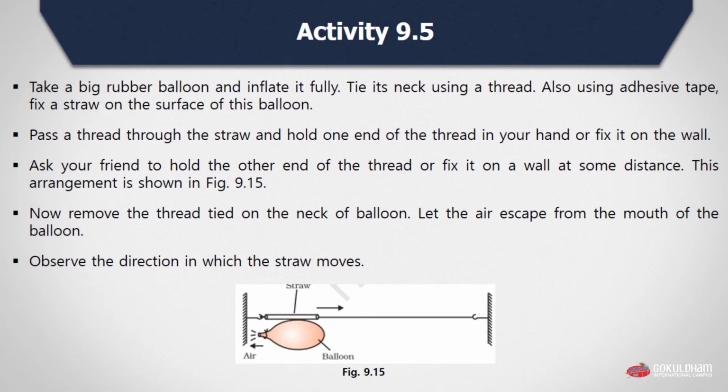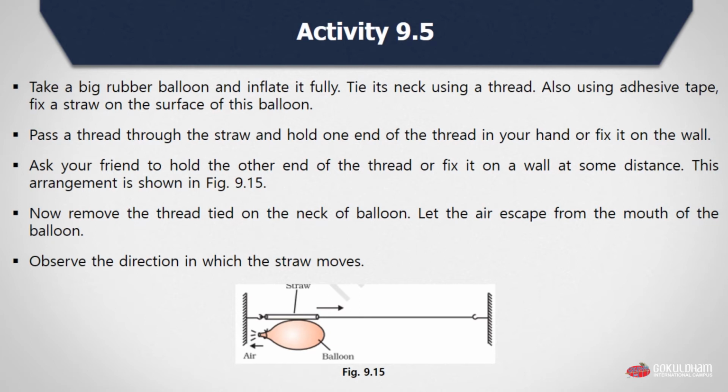Take a big rubber balloon and inflate it fully, meaning blow the balloon fully. Tie its neck with a thread. Also use an adhesive tape. Fix a straw on the surface of this balloon. Pass a thread through the straw and hold one end of the thread in your hand or fix it on a wall.